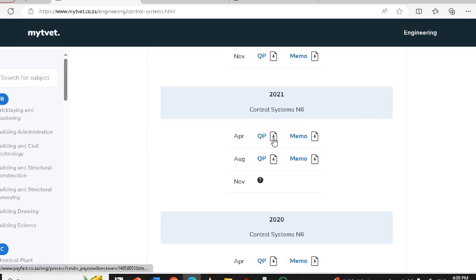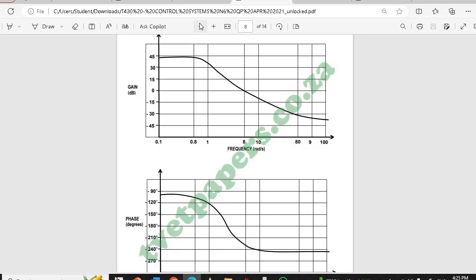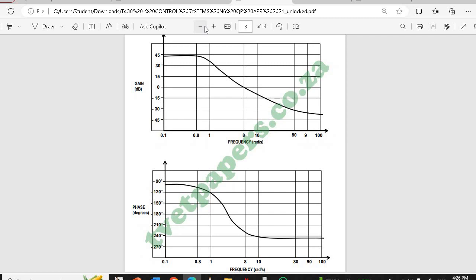It can't be downloaded. Damn it! I have to buy it. Okay guys, I had to download another question paper where I can edit here. Yeah, so let's get started.